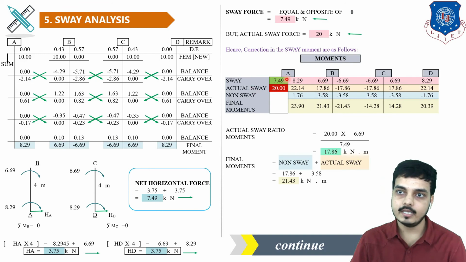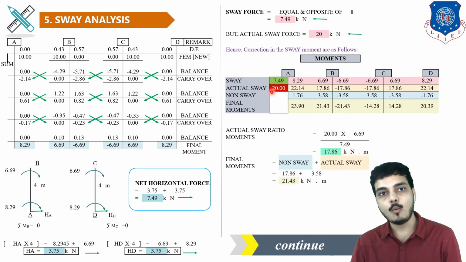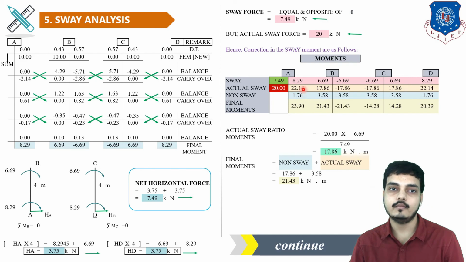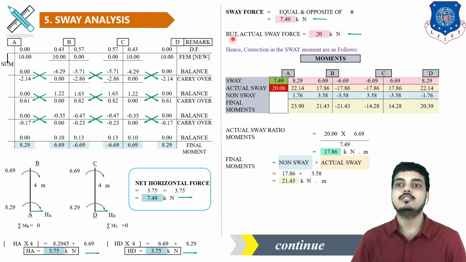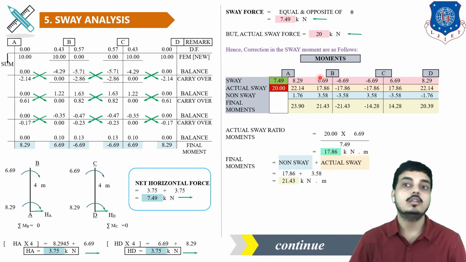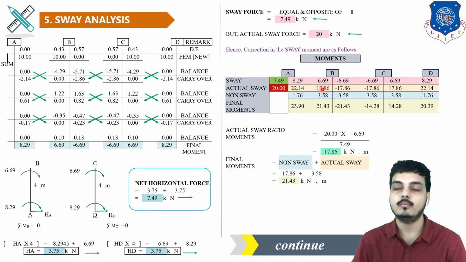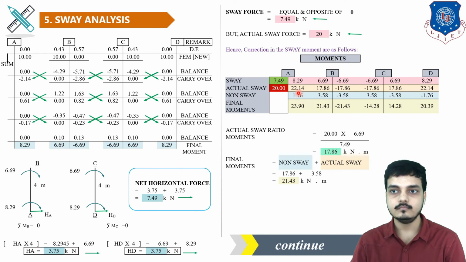Means for 7.49 it is 8.29, and for 20 it is how much? So it is 22.14. This is simple maths, just to calculate. Like for 7.49 sway I have 6.69 moment, then how much will the moment be for 20? So it is 17.86. Similarly, we can find all these values.